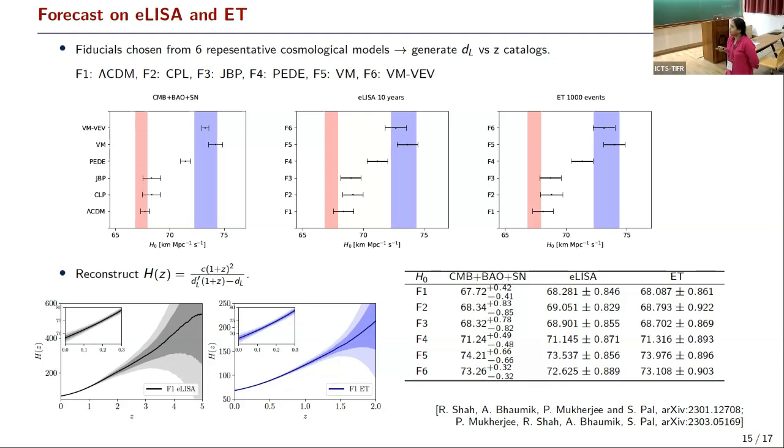Now what we find is, this is the result for the existing constraints, and this is what we get from LISA and ET. So we see a significant shift in the mean positions, meaning in the value of H0, and relaxed error bars for each of these models. So we have to test it for other machine learning algorithms too, and these are some trends we observe.